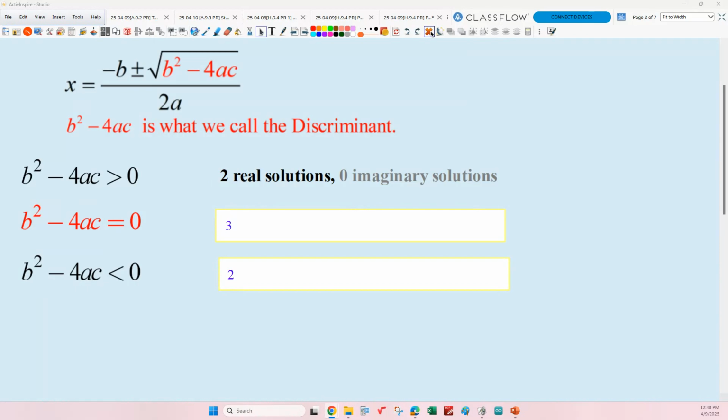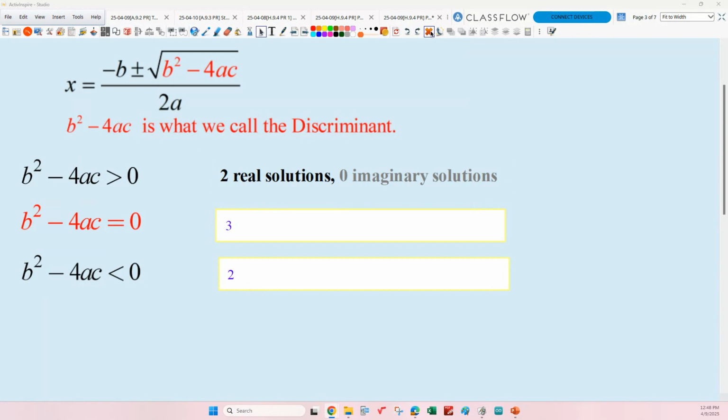Okay? What if the discriminant is negative? If the number inside the square root is negative, what kinds of solutions am I getting? Yeah, I'm getting complex numbers that have imaginary parts, so non-real, right? And how many?